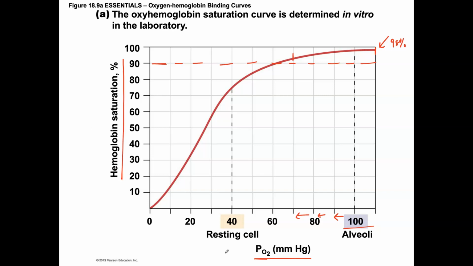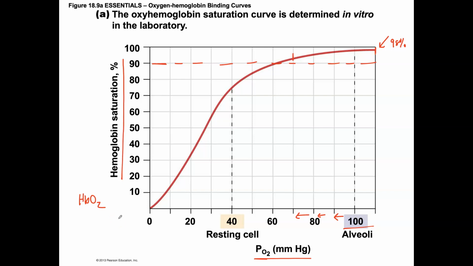So it's sigmoidal rather than linear because of the way oxygen binds to hemoglobin. When we talk about hemoglobin and oxygen binding, there is what we call a cooperative binding relationship, and that determines the sigmoidal curve rather than a linear curve.